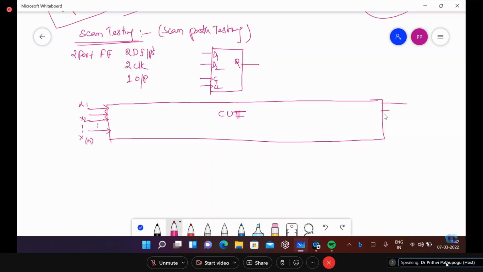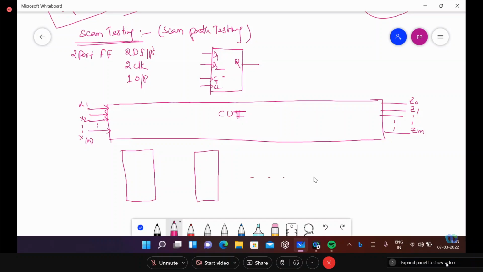And this will derive the outputs Z0, Z1, and so on to Zm. Now, however many stages or test sequences you need, that many dual port D flip-flops will be used. How many you want, that many will be used.